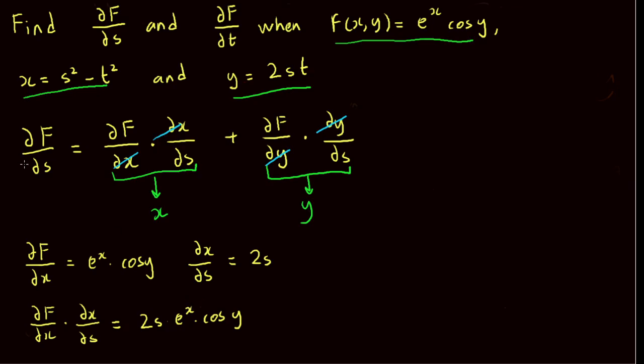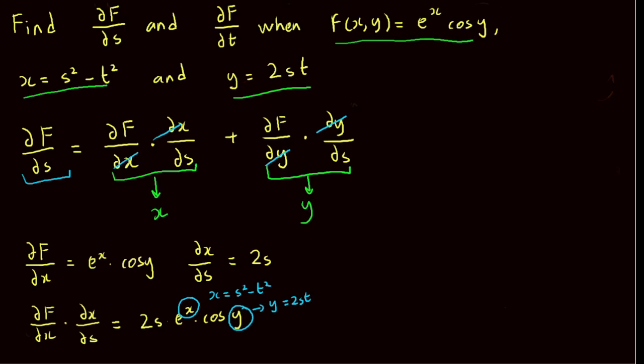Because we are expressing in terms of del f and del s, our x and our y must be with respect to s actually, right? So x is equal to s squared minus t squared, and y is just 2st. Let's not forget that, and we will write it soon, don't worry.